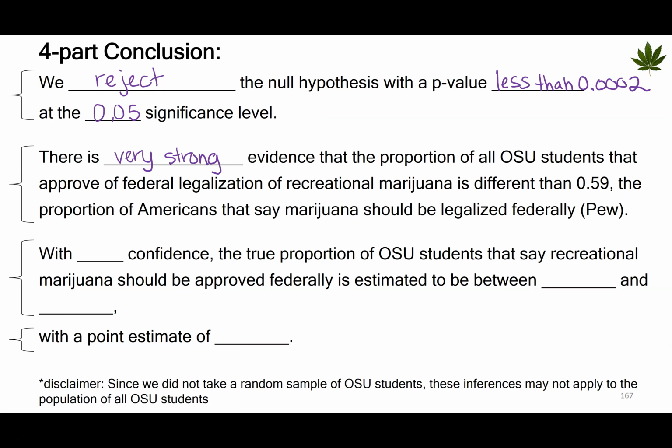But that's okay. You can totally include it. So the proportion of Americans that say marijuana should be legalized federally. We did a 95% confidence interval.